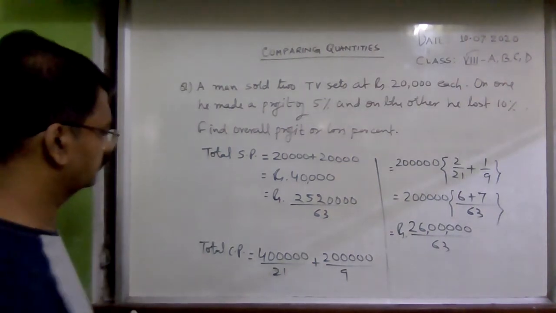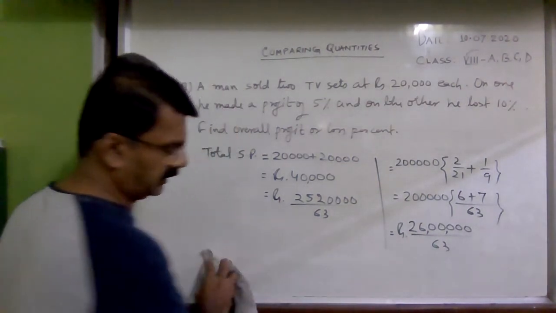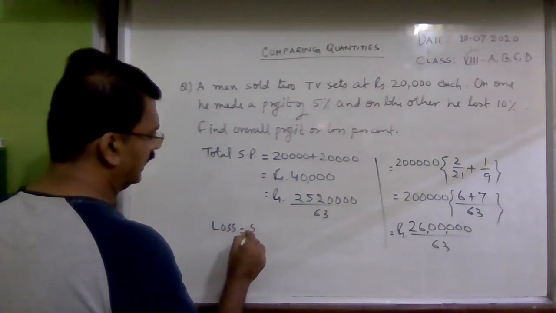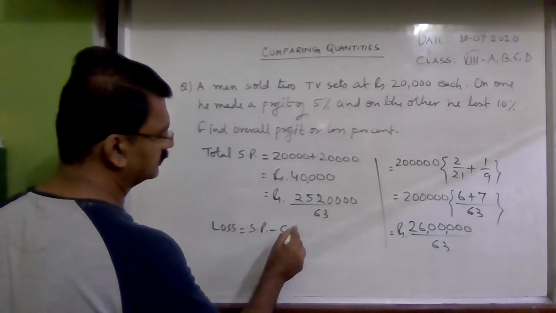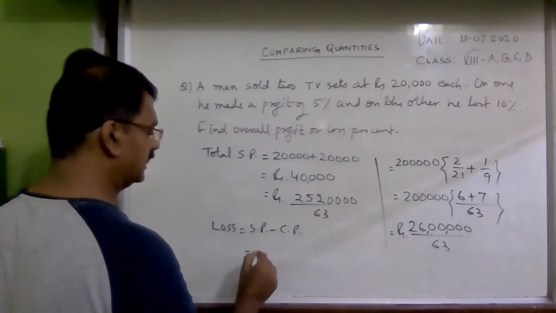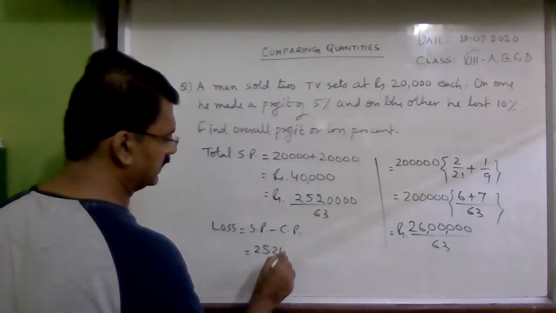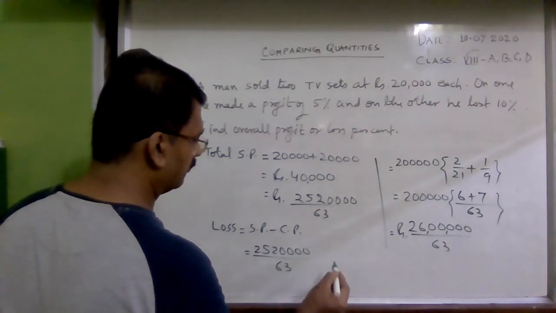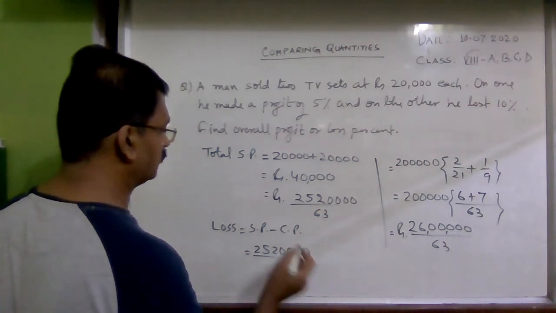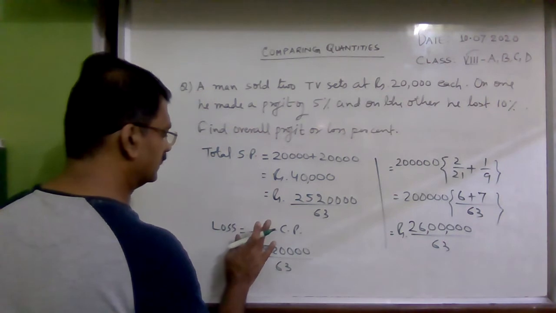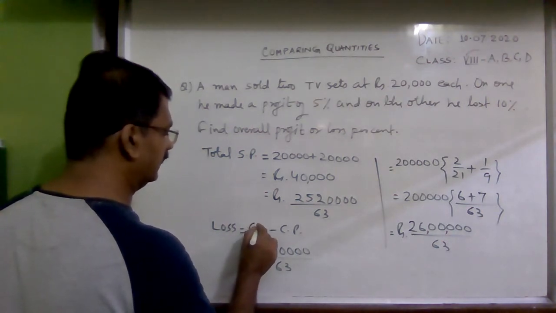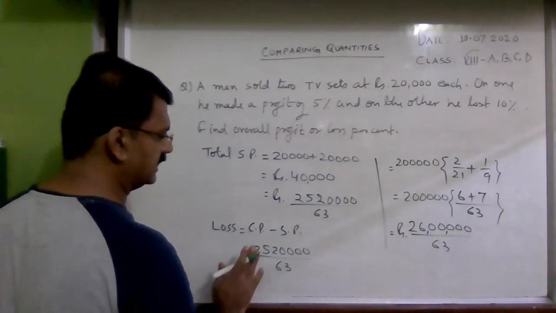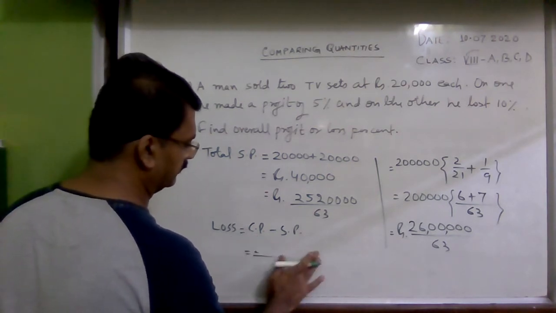So loss is equal to SP minus CP. SP is 2520000 upon 63. I'm sorry, loss is CP minus SP. The loss is CP minus SP.